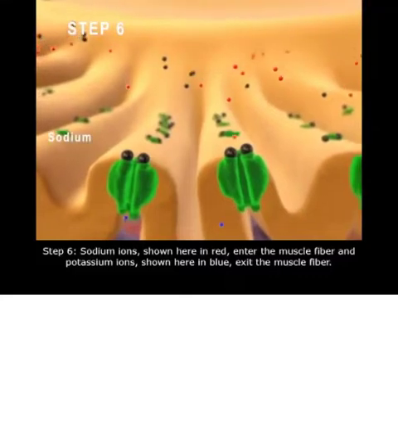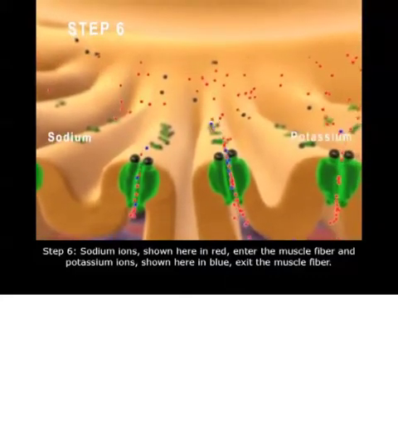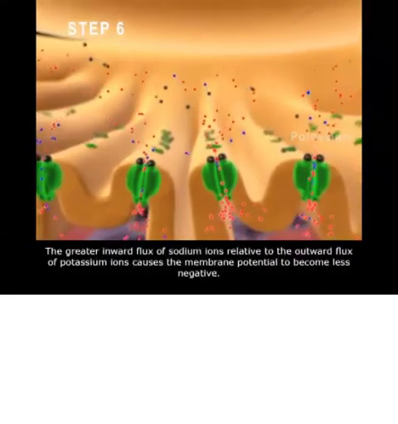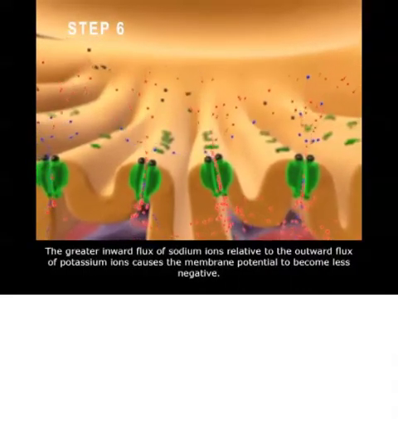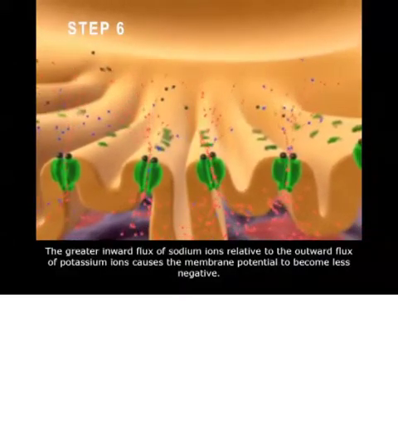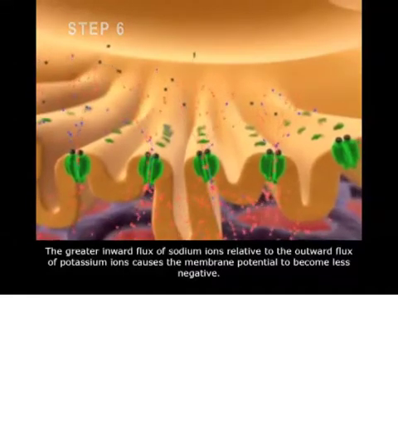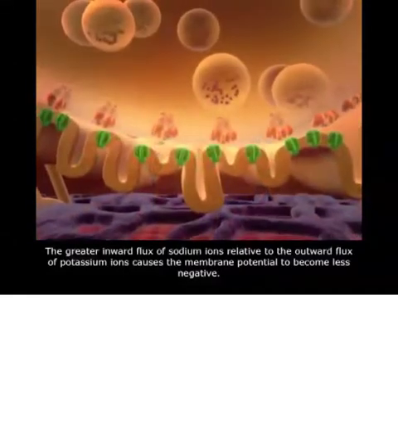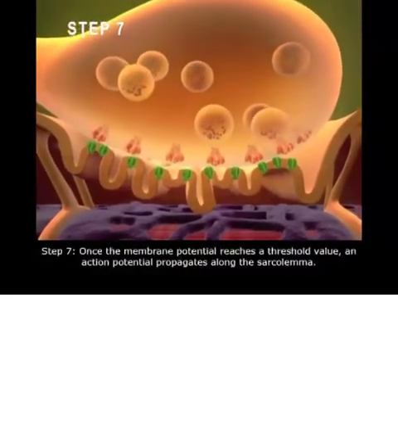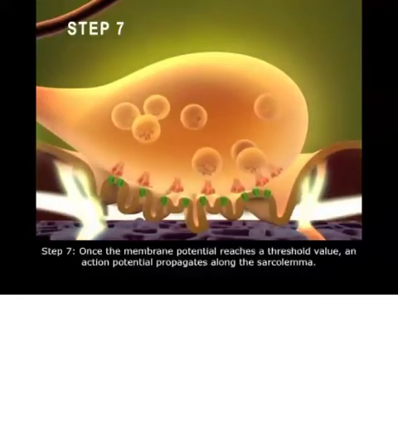Sodium ions, shown here in red, enter the muscle fiber, and potassium ions, shown here in blue, exit the muscle fiber. The greater inward flux of sodium ions relative to the outward flux of potassium ions causes the membrane potential to become less negative. Step 7. Once the membrane potential reaches a threshold value, an action potential propagates along the sarcolemma.